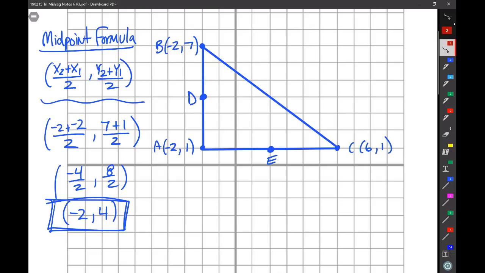Do you think you could take a guess, though, where it might be if you look at the picture? Okay, take a guess where you think it might be, and then let's use the midpoint formula to see if that actually works to our advantage. I kind of set this up so that it works for you, okay? All right, here's what I want you to do.